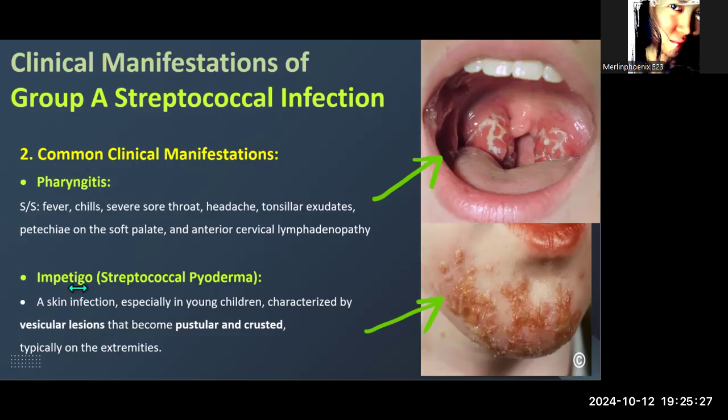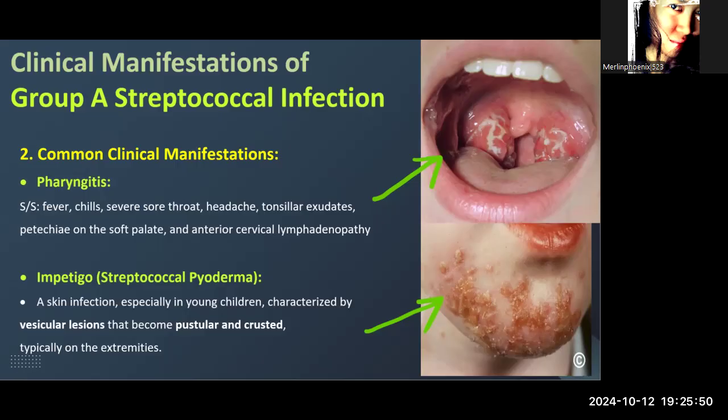For impetigo, or streptococcal pyoderma, this is a skin infection, particularly in young children, marked by vesicular lesions that turn pustular and crusted. Usually found on the extremities, but you can also observe it on the child's face.